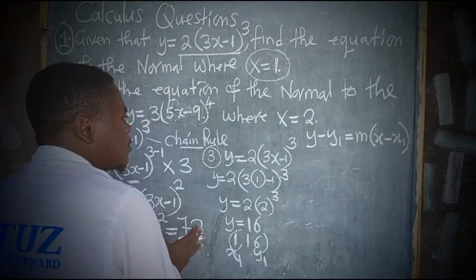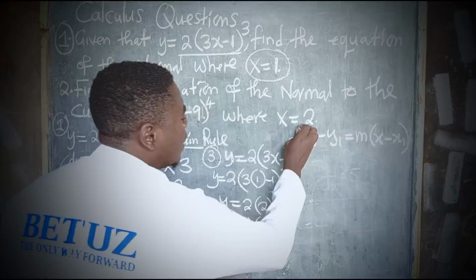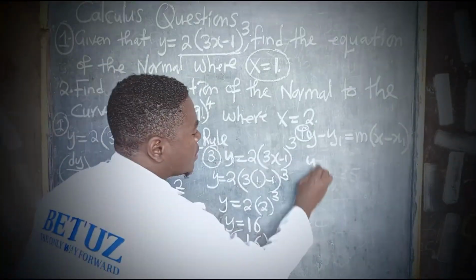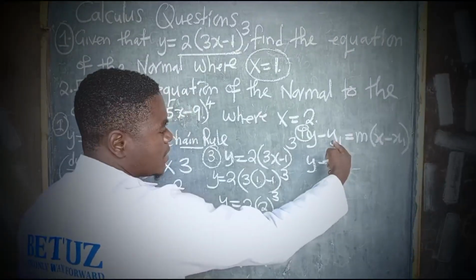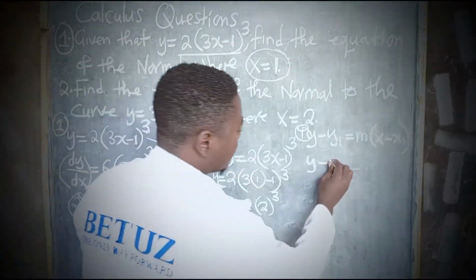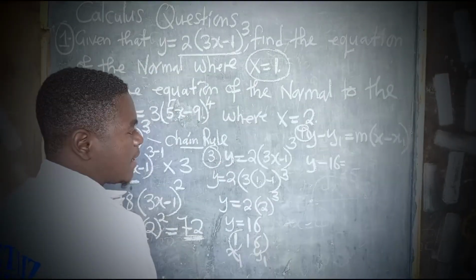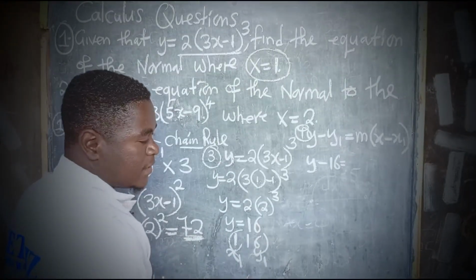We are going to substitute in the values that we are given. This is the last step, step number 4. This y is constant minus, where is the y1? Y1 is 16. I put my 16 there, which is equal to, what is my gradient?